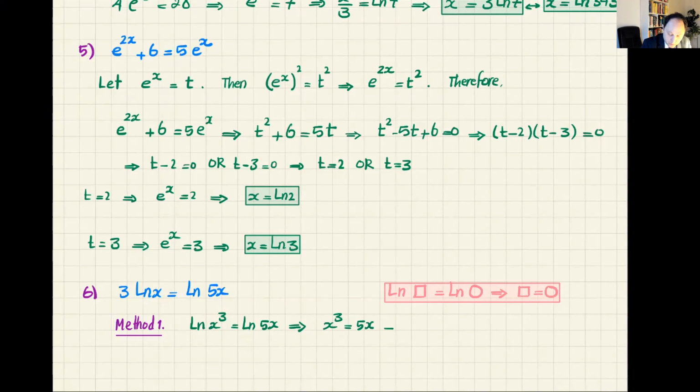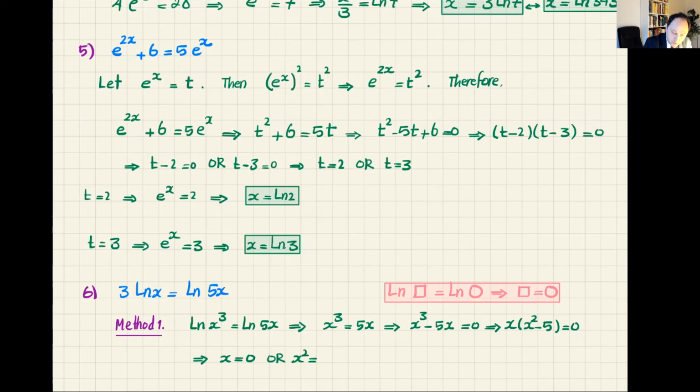Then I move this to the left-hand side. Even in that case, that also works fine. If you want, I can continue your way as well. But then this becomes 0, and then I factor an x out. x times (x squared minus 5) is equal to 0. Then by the zero product rule, either the first one is 0 or the second one is 0.